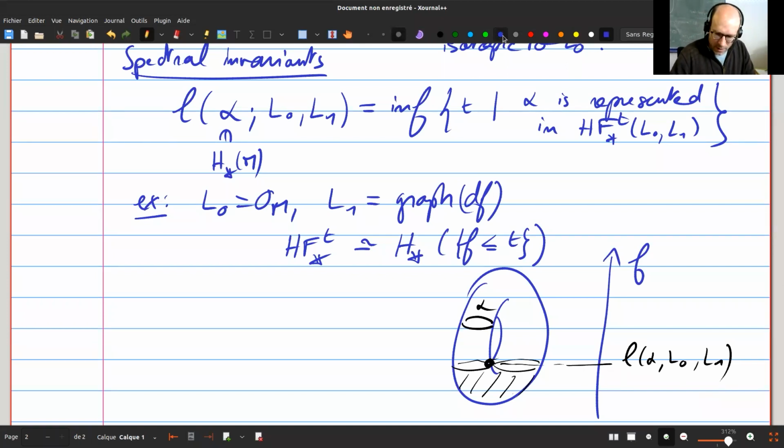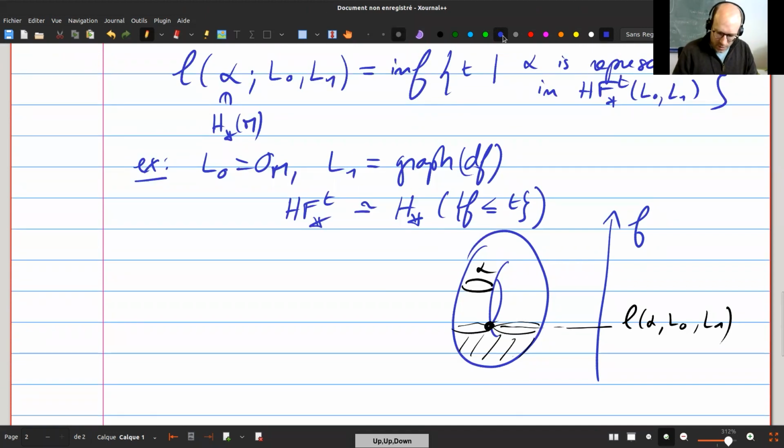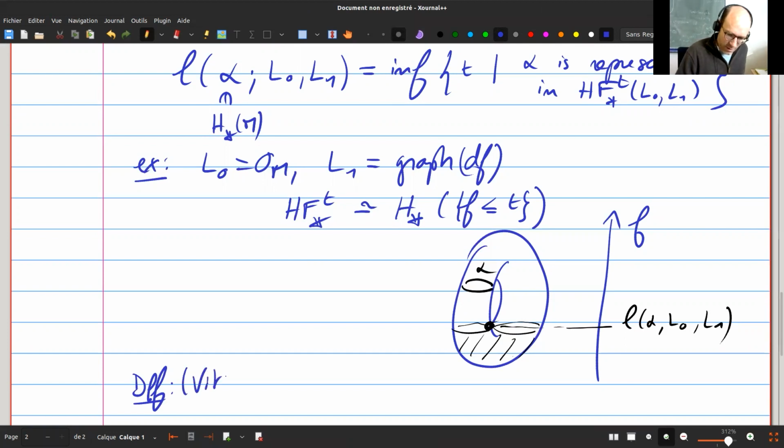And now I just need one line to tell you what gamma is. These numbers were already defined by Viterbo and extended to Floer homology by Schwarz and Oh.